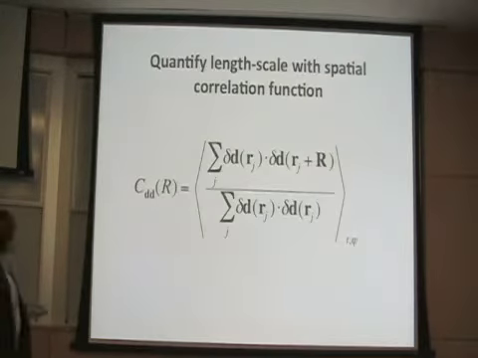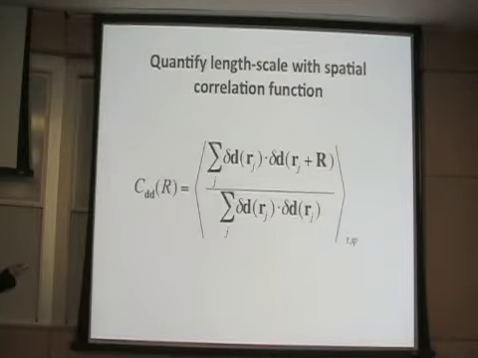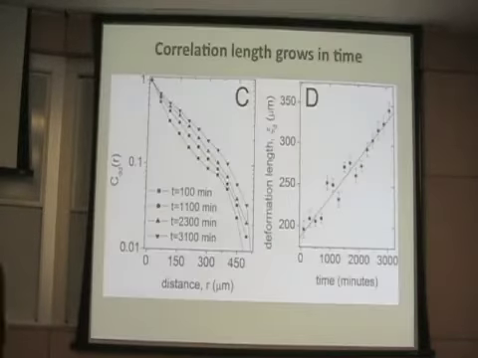So to get a length scale out of this, we just calculated a correlation function, something similar to what we heard about yesterday. We take a displacement at one point and dot it with a displacement some distance r away. And then you average this over all orientations and over all times throughout the data set. That gives you a 2-point correlation function that's sensitive to changes in orientation and displacement.